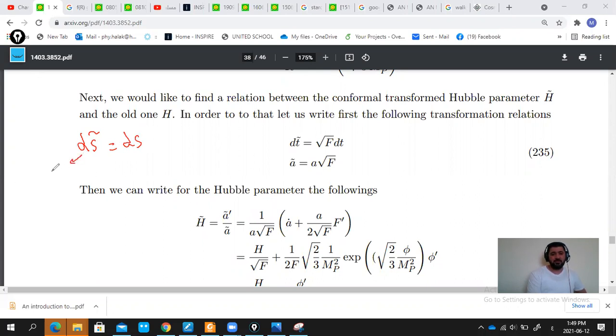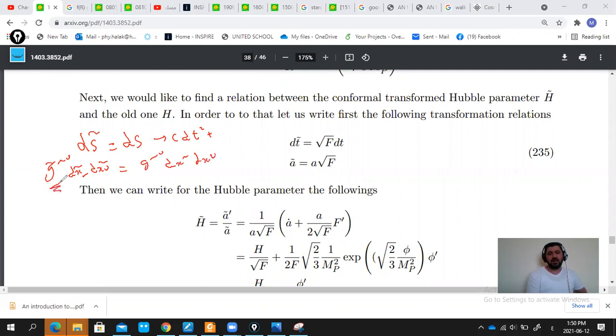This one is c squared d tau squared plus g mu nu tilde dx mu tilde dx nu tilde, and here we have g mu nu dx mu dx nu. I wrote it in an incorrect way before.